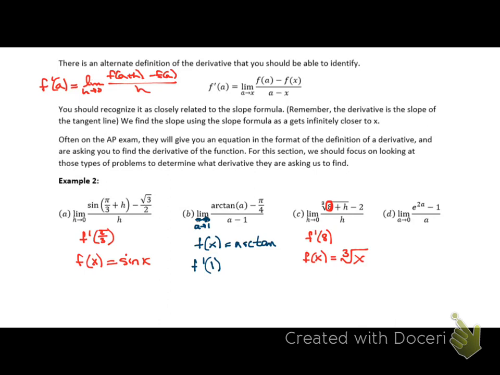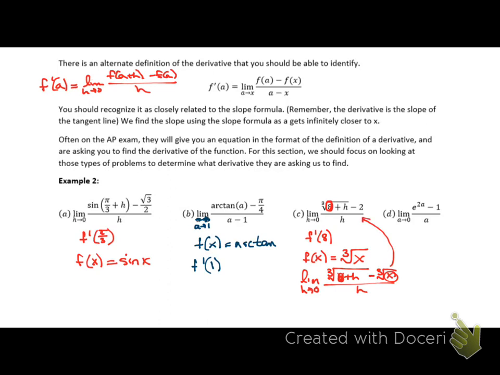If you go to plug it in, we would get the limit as h approaches 0 of the cube root of x plus h minus the cube root of x all over h, and then you'd plug in 8. When I plug in 8 for x, this becomes 8, and that becomes 8, and the cube root of 8 is 2. So that's how you get from here to the problem that they gave us.